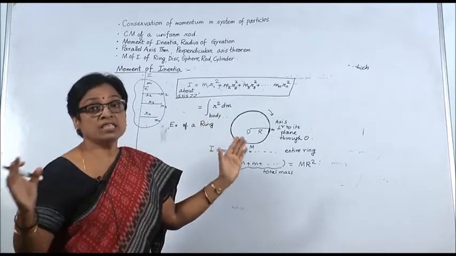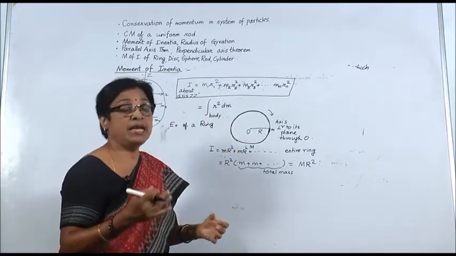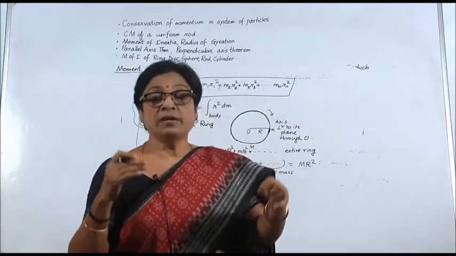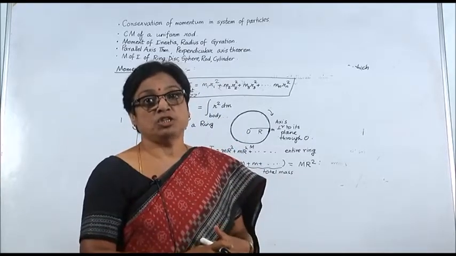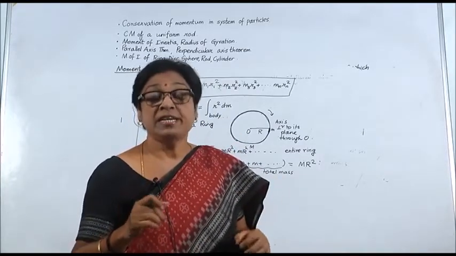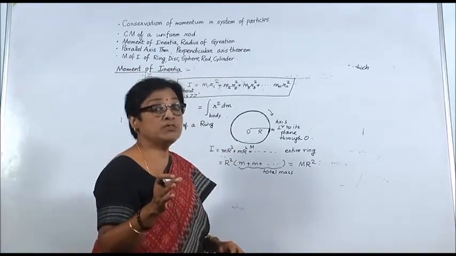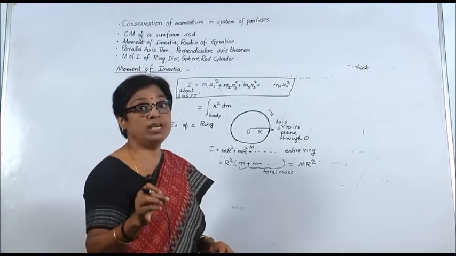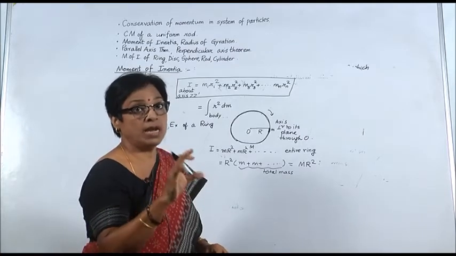If you change the axis of rotation, these distances will change, and hence moment of inertia is not only a particular constant value. If you change the axis of rotation about which the body is to be rotated, then the moment of inertia will change. So, be careful, you must specify about which axis the body is moving or rotating, then only you can say that this is the moment of inertia about that axis.